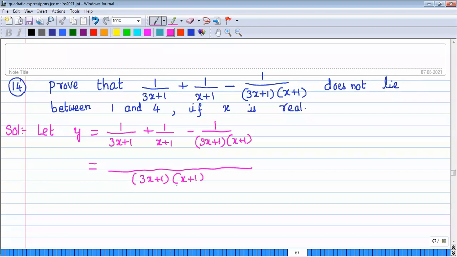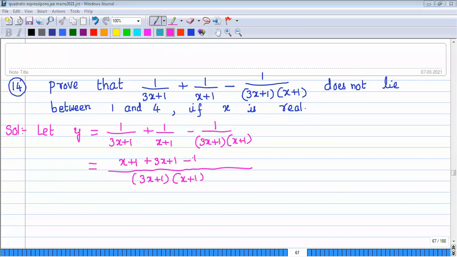So 3x plus 1 into x plus 1 divided by 3x plus 1, we get x plus 1, and x plus 1 into 1 is x plus 1, plus 3x plus 1 into x plus 1 divided by x plus 1, the x plus 1 will cancel. We have 3x plus 1 multiplied with 1, we get 3x plus 1. Now 3x plus 1 times x plus 1 divided by 3x plus 1 times x plus 1, we get 1. 1 into negative 1, we get negative 1.